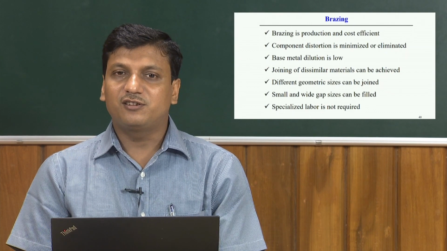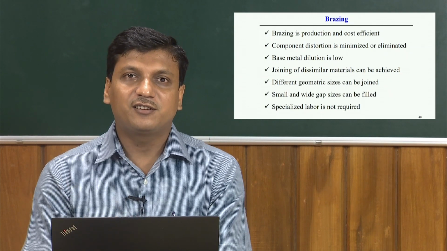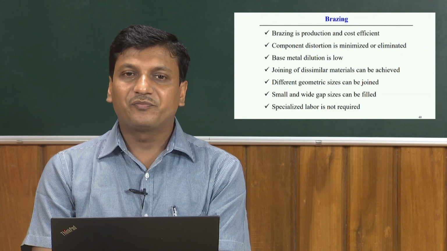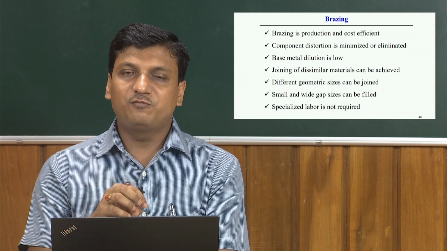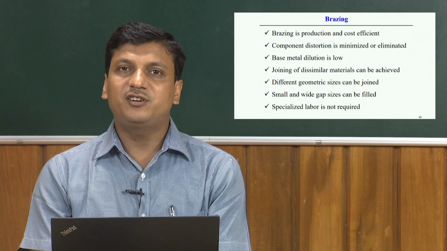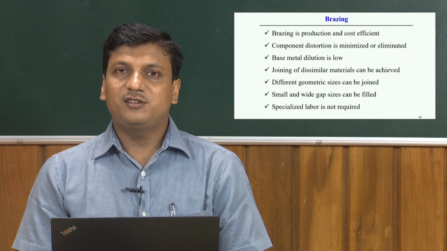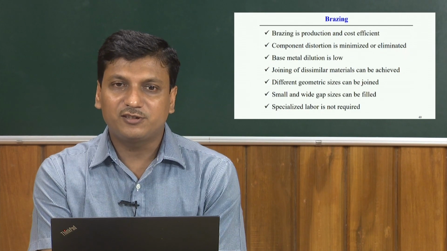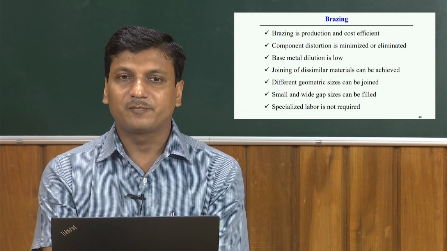The braze filler metal is required to fill the gap between the two materials, and after filling with the liquid metal, the two solid metals can be joined. That is the basic principle of the brazing process.